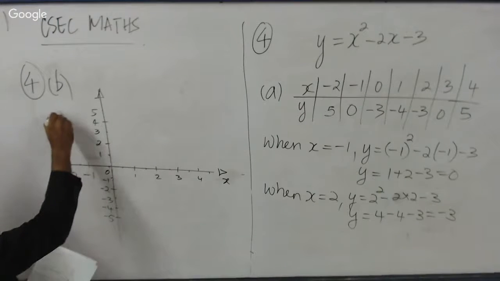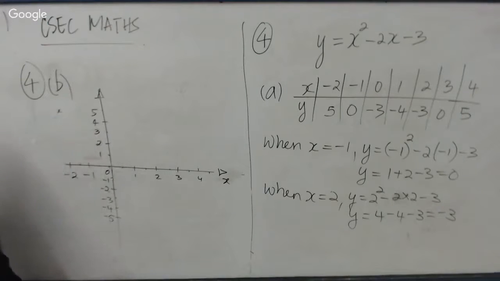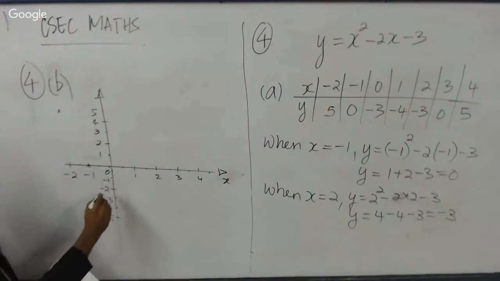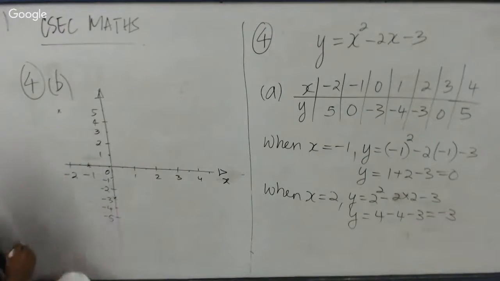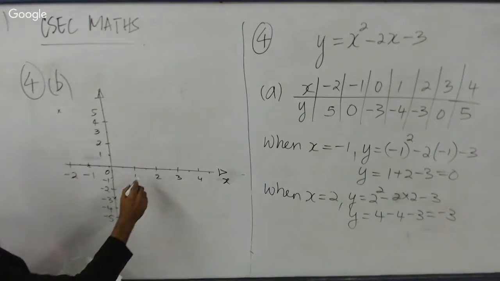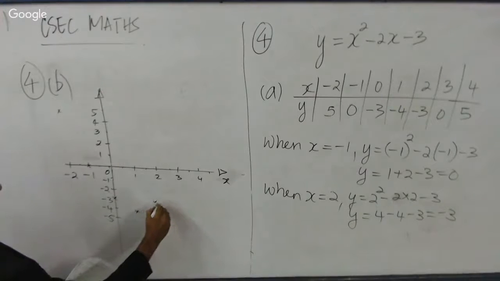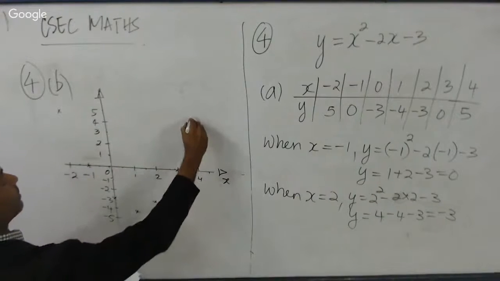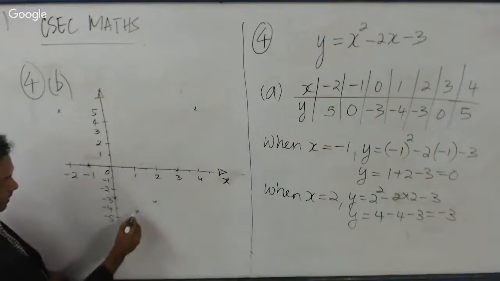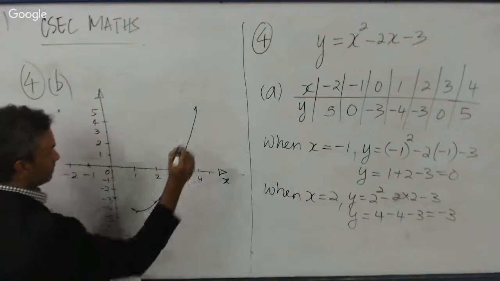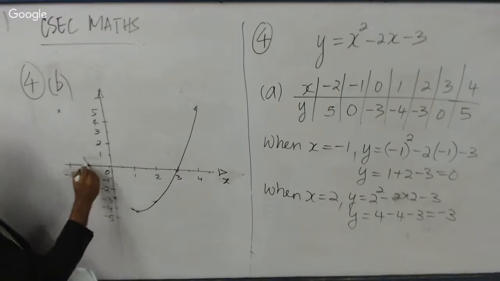-2 goes to 5, somewhere here. Mark a point with a cross or a circle. -1 goes to 0. 0 goes to -3, so make sure you plot it properly. 1 goes to -4. 2 goes to -3, 3 to 0, 4 to 5. Your symmetry should be evident. You want a smooth curve passing through the points.